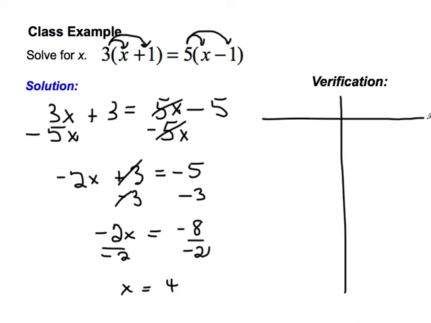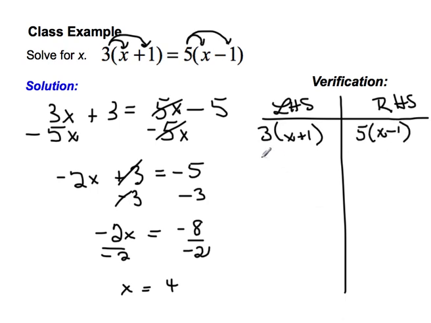I'm going to verify this one. Left-hand side, right-hand side. 3, x plus 1. 5, x minus 1. Everywhere you see an x, you replace it by 4 in this equation, because we're saying that the variable is equal to 4.